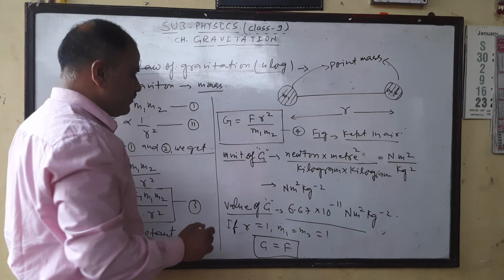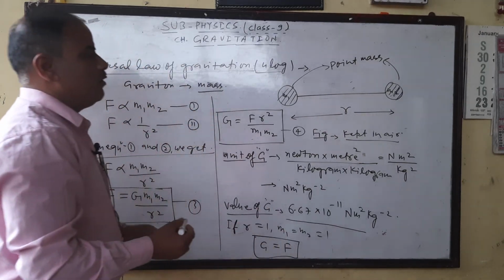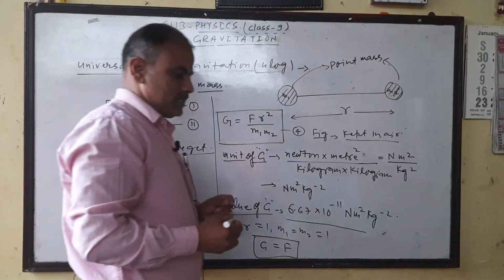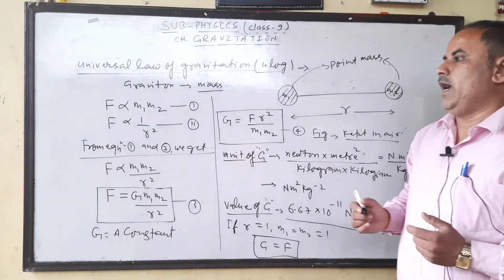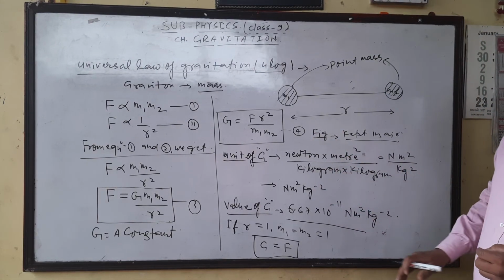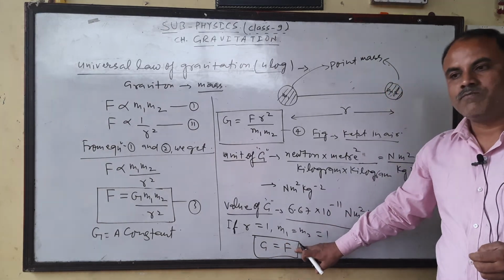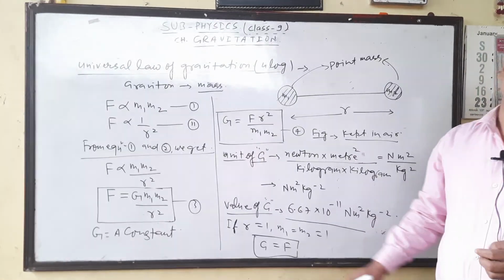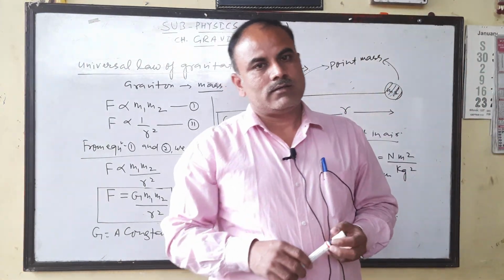You will get G equal to F. So when two bodies of unit masses, that is 1 kg, are separated by a distance of 1 meter, then the universal gravitational constant equals the gravitational force.